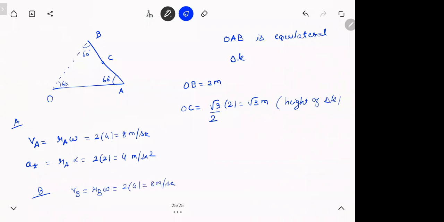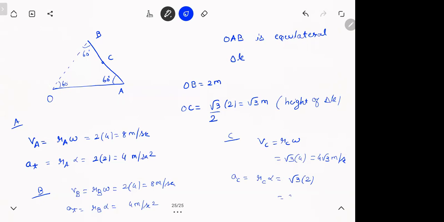Answers will come the same for A and B. For C, it will be RC into omega. RC is root 3. So that's 4 root 3. That is 2 root 3.